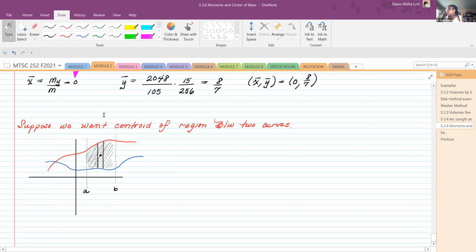I know that in order to find the center of this mass, I have to think about where this thing is. The easiest, again, is My. My is easy because it looks at the difference between where my curves are, whatever my area is of this piece.